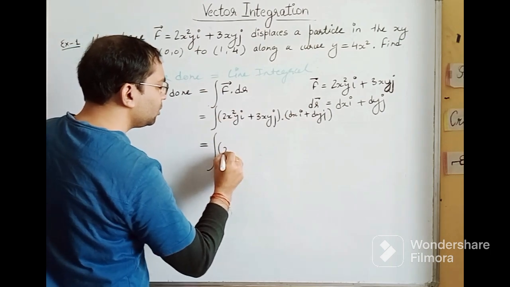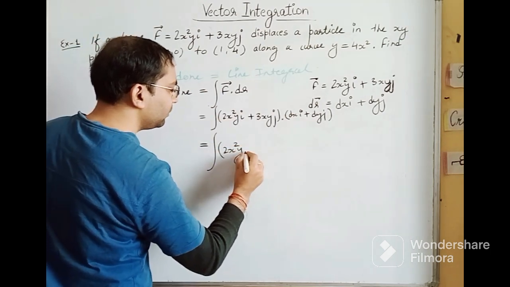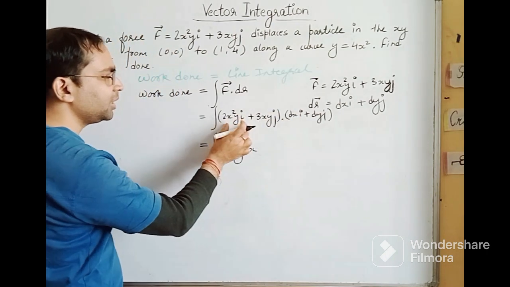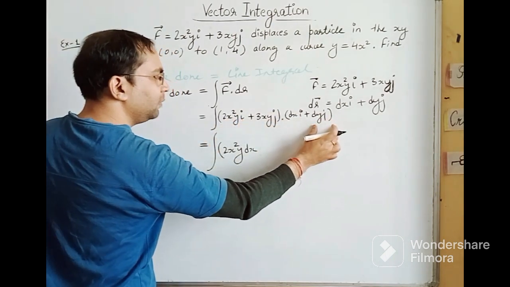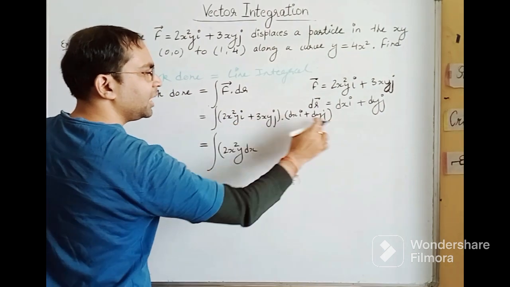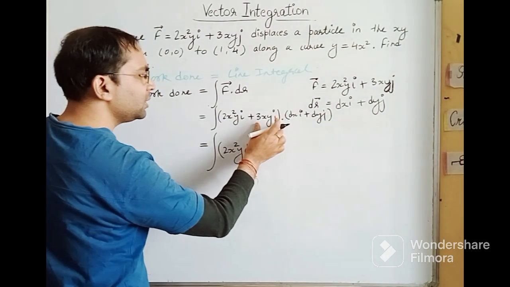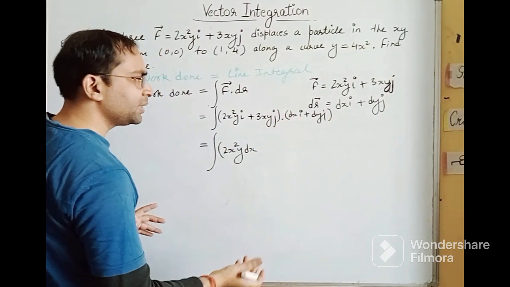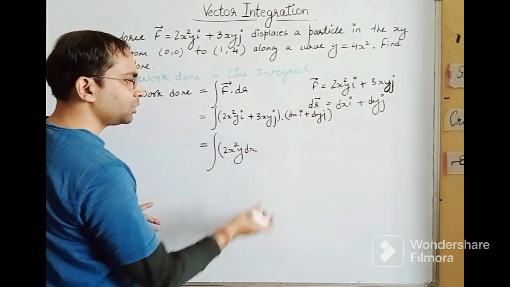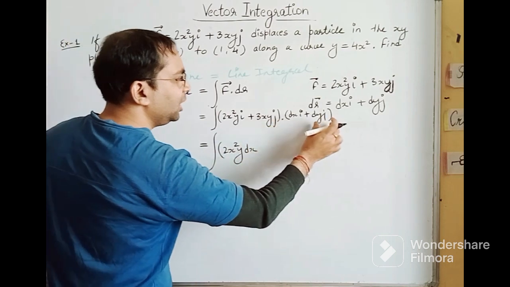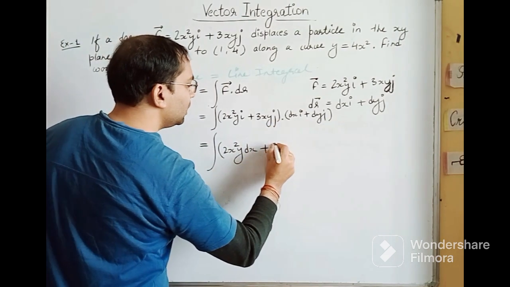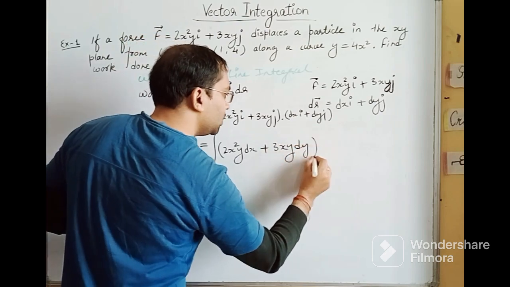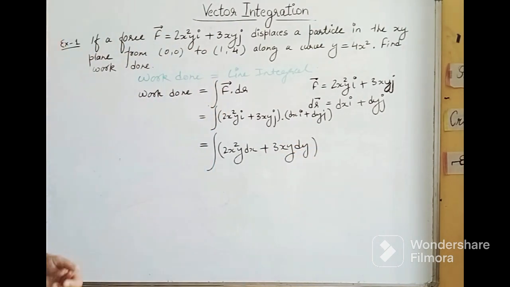The first term multiplied with the second term gives 0, because i dot j is 0. Next, 3xyj with 3 dxi will again be 0, because j dot i is also 0. And 3xyj with dyj gives 3xy dy. So this is the dot product.